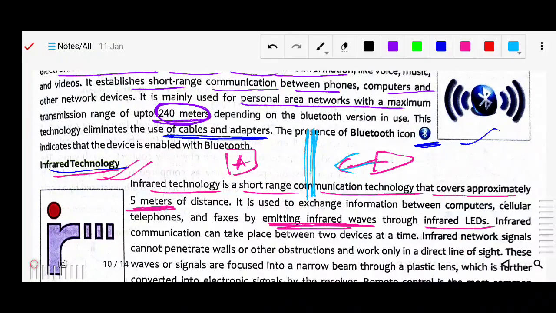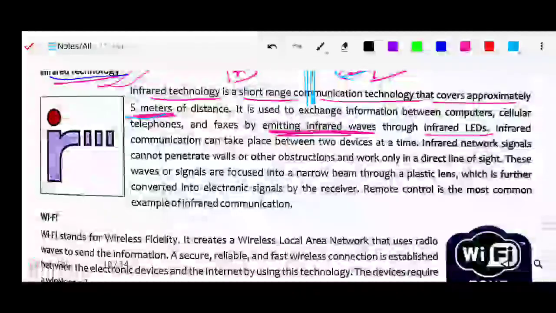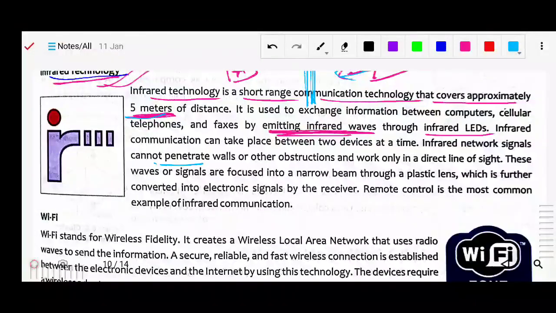It has a range of only 5 meters, and it should be a clear range. There should not be any barrier. It cannot penetrate walls or other obstructions and works only in a direct line of sight.